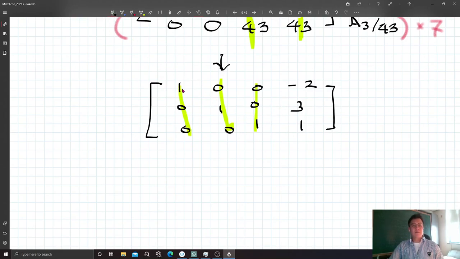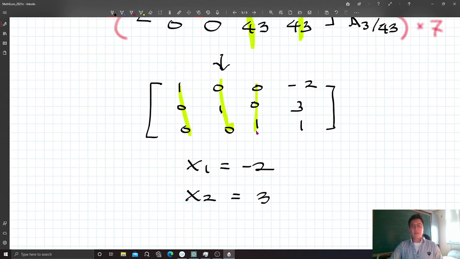The first column is x1. So that means x1 is negative 2, the entry in the first row in the last column. And the second column is for x2. And we have just 1 in the middle. So x2 equals 3.